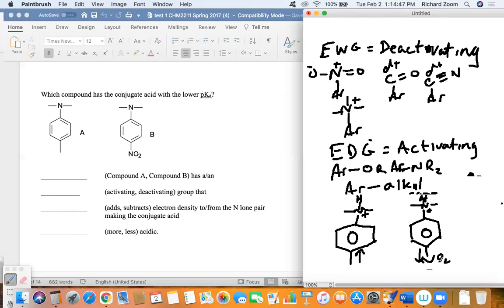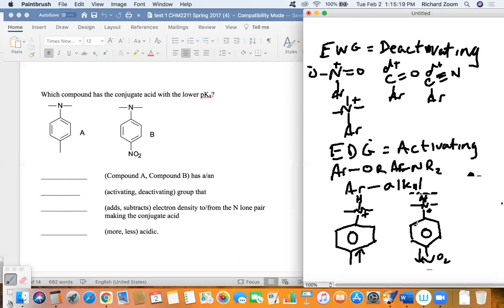So which one is going to be more inclined to give up an H+? The one that's more inclined to give up the H plus will be the one on the right-hand side, the one with the nitro group. So we need more acidic, and that's because it subtracts electron density from the N lone pair. And that's because it's a deactivating group, and that's going to be compound B.